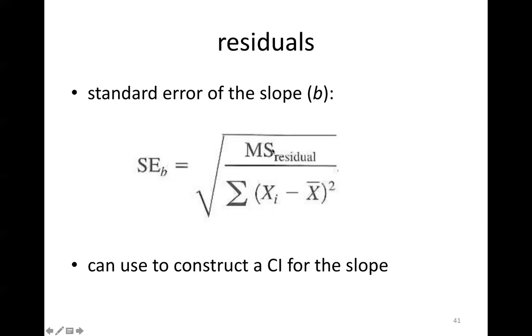Okay, so the higher the residual mean squares, the higher will be the standard error of the slope, and less confidence we will have. The lower this is, the lower this will be. Right, and here this is simply to scale the residual mean squares.